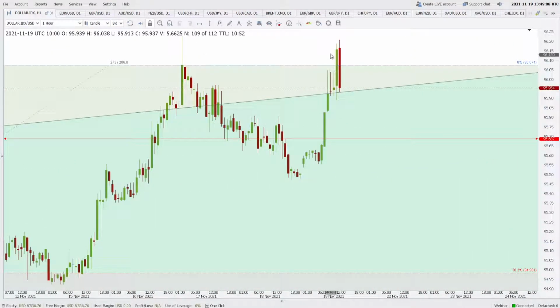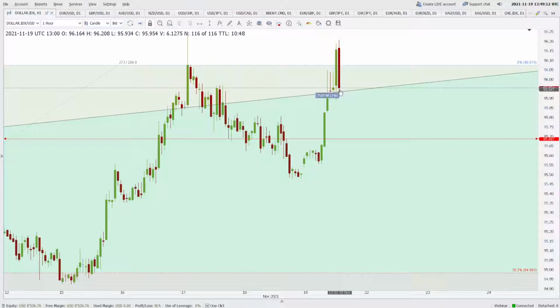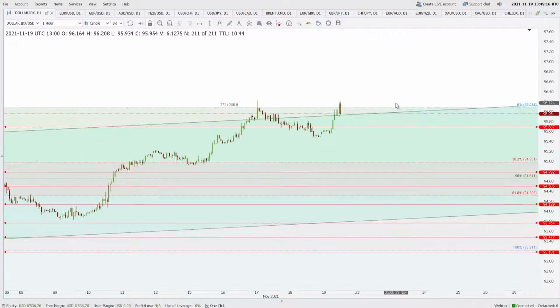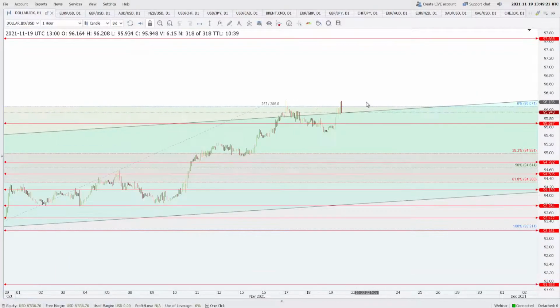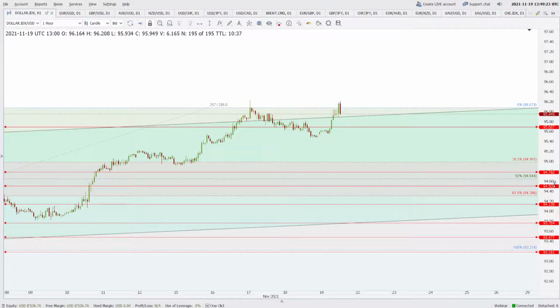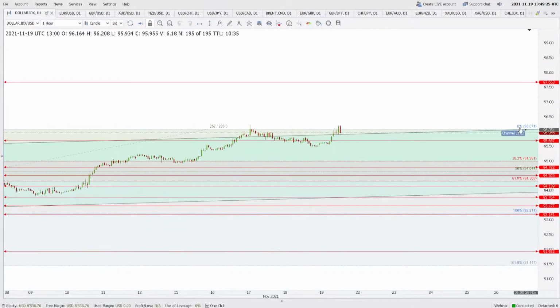This sell-off is happening only in this hour and has not been able to break below the previous hour's low, and I'm expecting this line, which is the rising channel's resistance line, to act as a support, and it can still push the price higher, and we are actually expecting 97.66 to be achieved in this market.